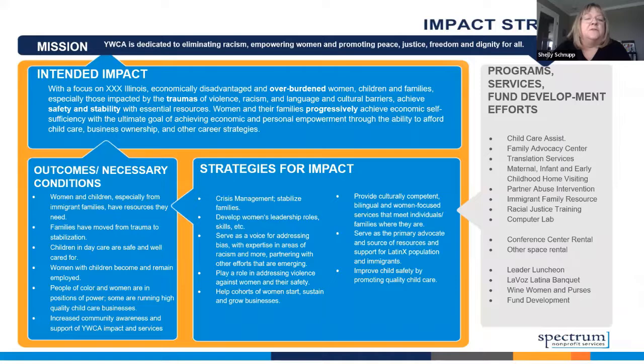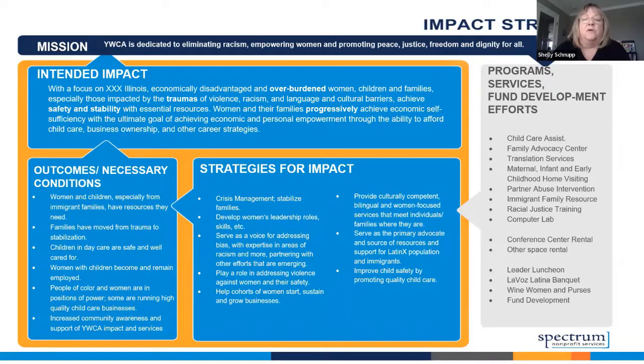You know, again, this YWCA that we're using as an example recognizes how critical crisis management is and how important providing culturally competent services is. It emphasizes the importance of women's leadership.